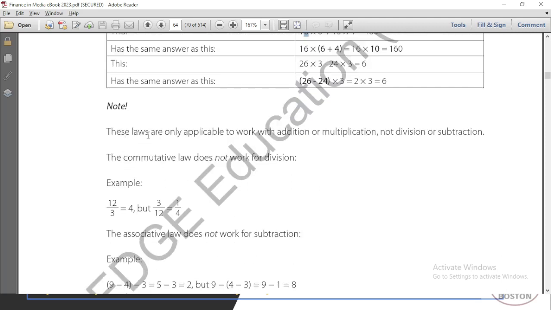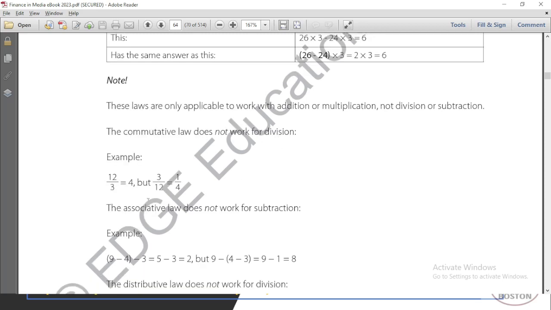Here it says that these laws are only applicable to addition or multiplication, not division or subtraction. Also, the commutative law does not work for division. They give an example: 12 divided by 3, you cannot use the commutative law to say 3 divided by 12.